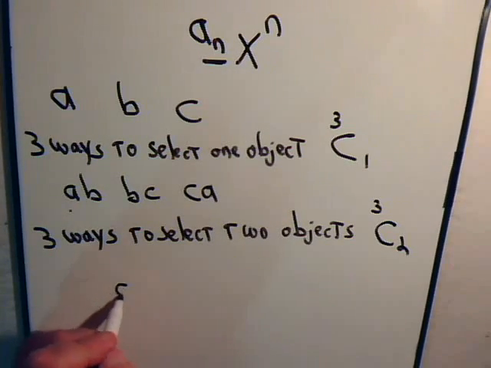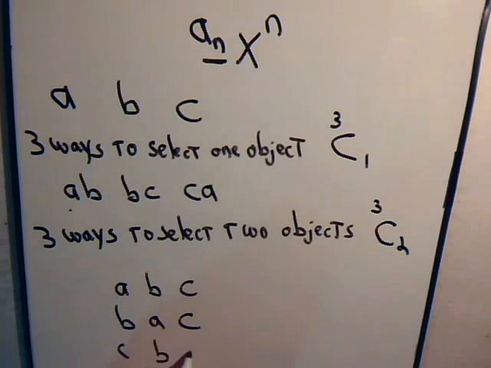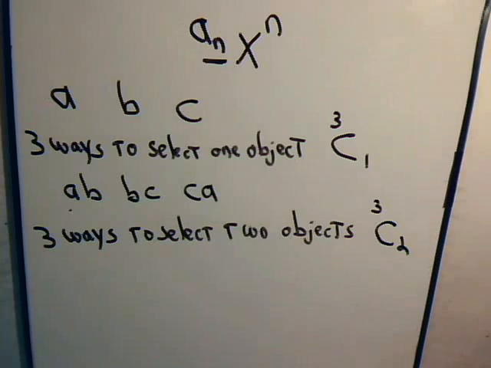Well, of course, we could have A, B, C, and that's it, because we said, well, yeah, we could have BAC, but the order doesn't matter, so this is the same as that. Or we could have CBA. It doesn't matter, because the order is irrelevant, so there's one way to select 3 objects.